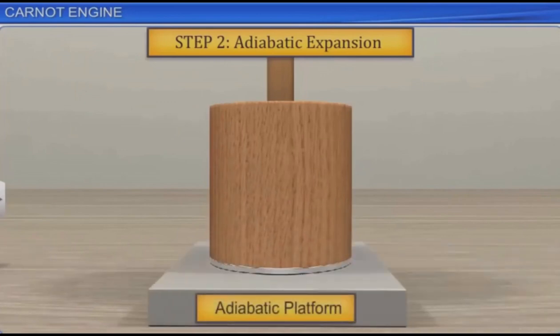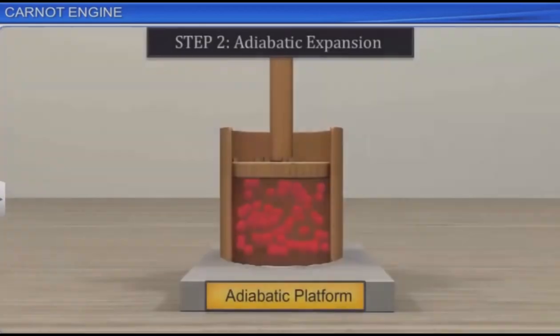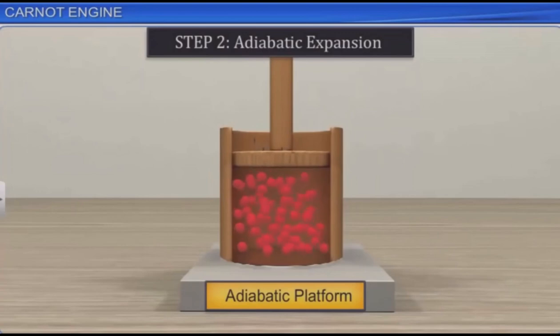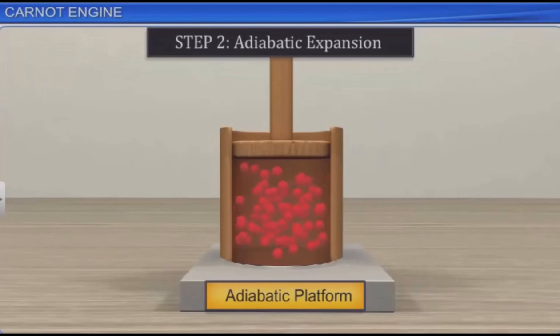In the next step, the container is kept on an adiabatic platform. Now, by removing some more tiny weights, one by one, allow the gas to expand.